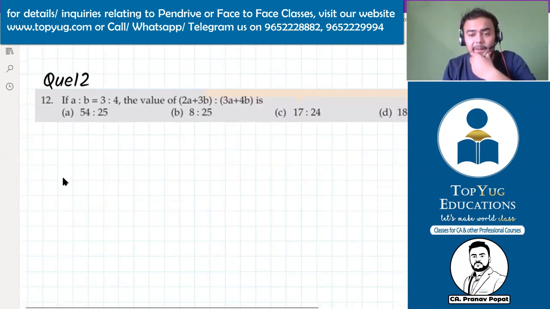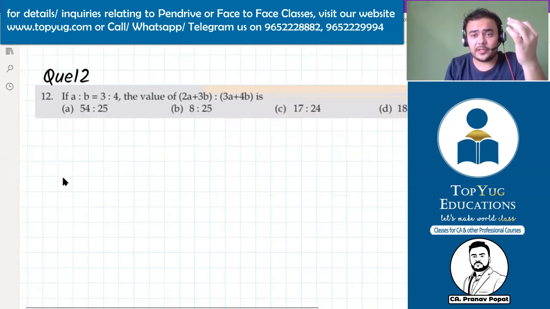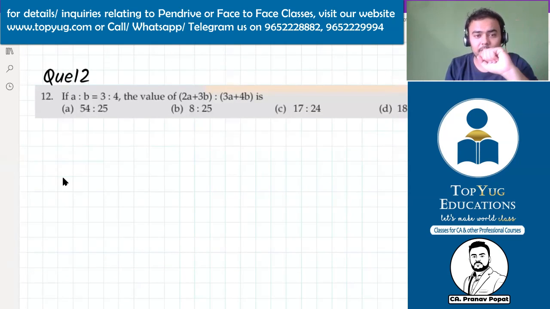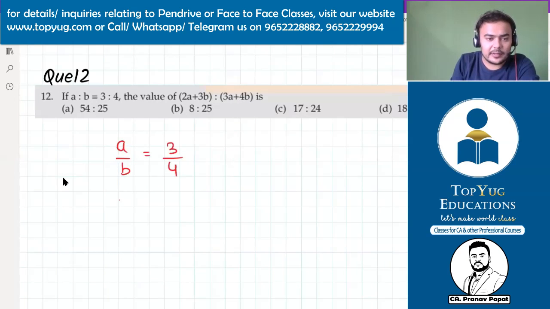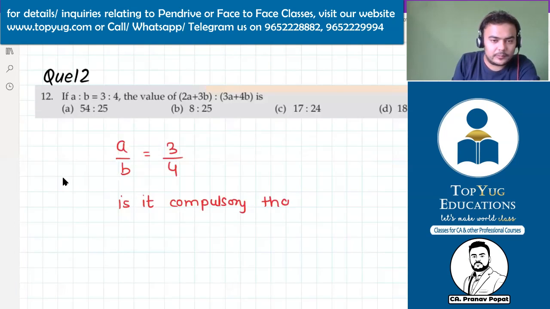See, if A ratio B is equal to 3 ratio 4, find the value of 2A plus 3B ratio 3A plus 4B. Now, if A upon B is equal to 3 upon 4, tell me, is it compulsory that A is equal to 3 and B is equal to 4?